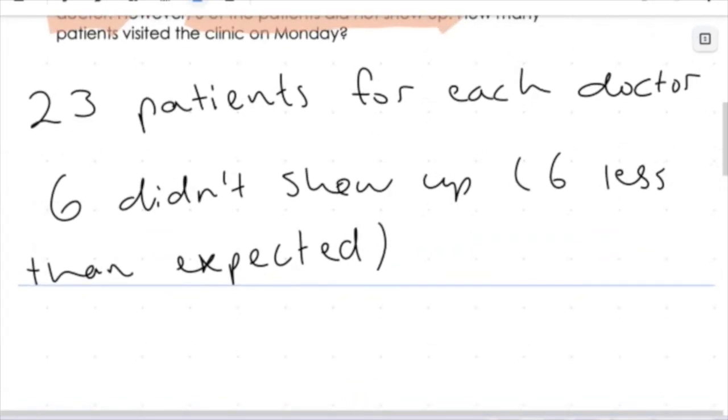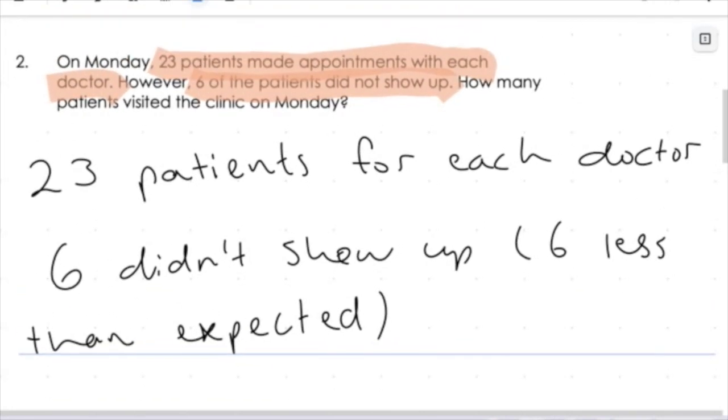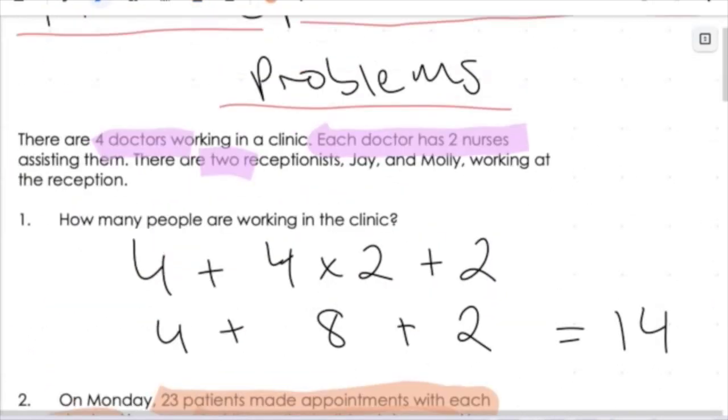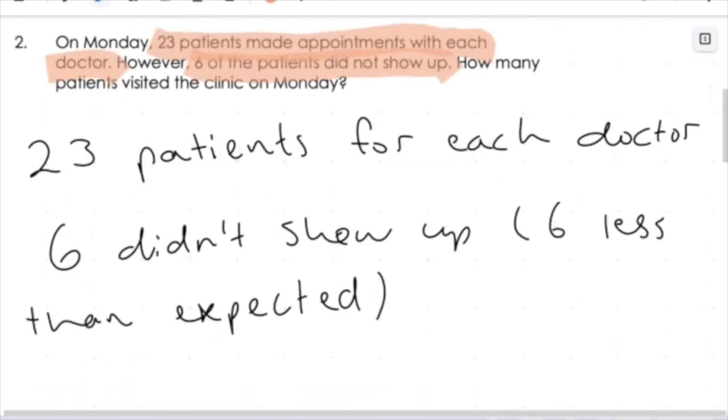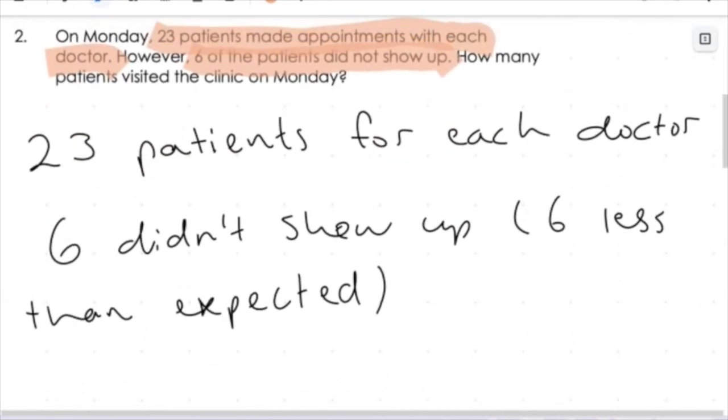Okay, now let's keep in mind, how many doctors do we have? Well, from the question up here, we remember we have 4 doctors, but we have 23 patients for each doctor. So that means we have 23 patients for 1 doctor. How can we find the amount required for 4 doctors?